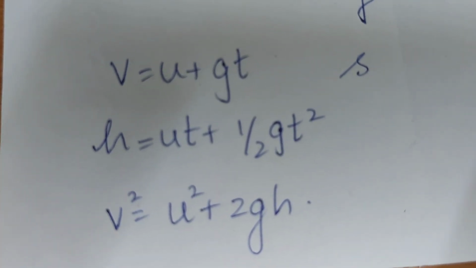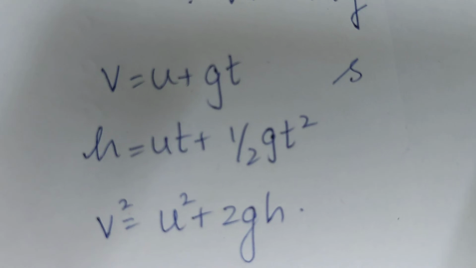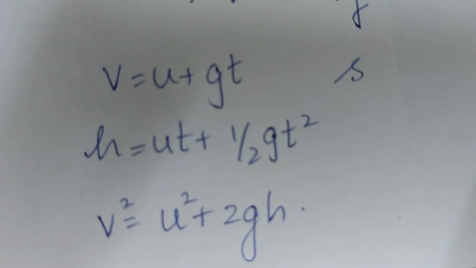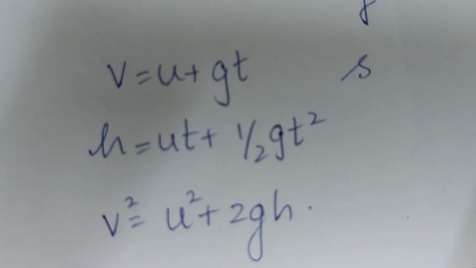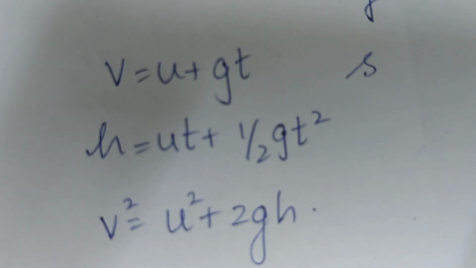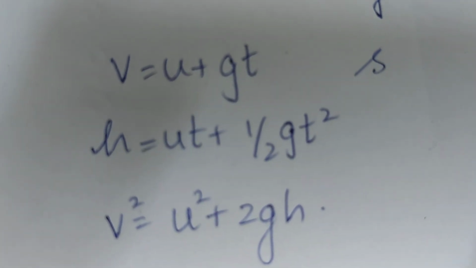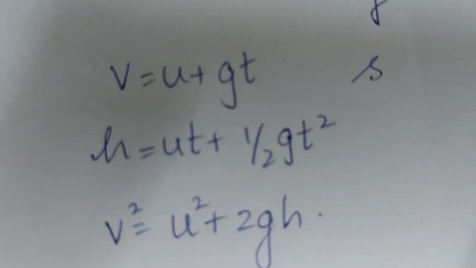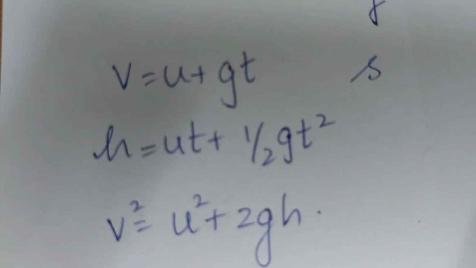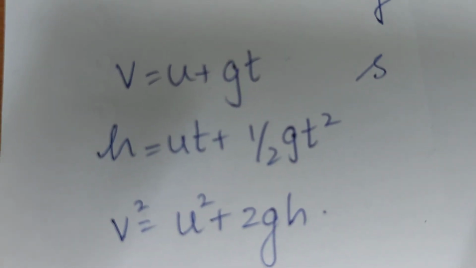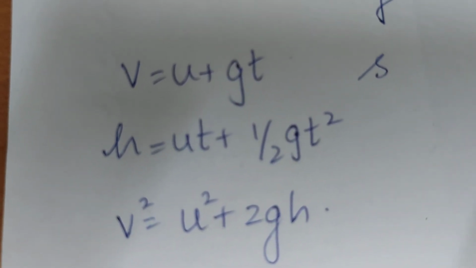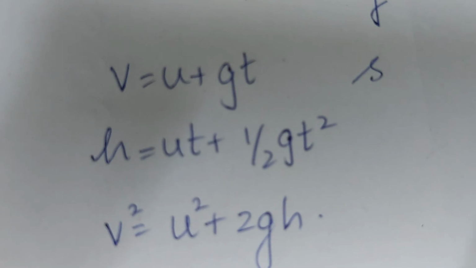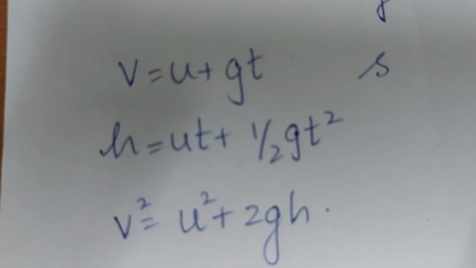For a body which is coming downwards freely, you can take small u as 0 meter per second if the body is dropped or released, not thrown. So if a body is dropped or released, u can be taken as 0 and small g should be taken as plus 9.8 meter per second square, unless the value is given as 10 meter per second square.